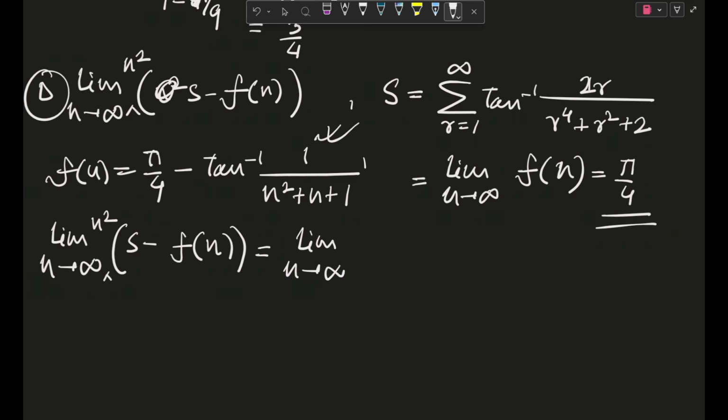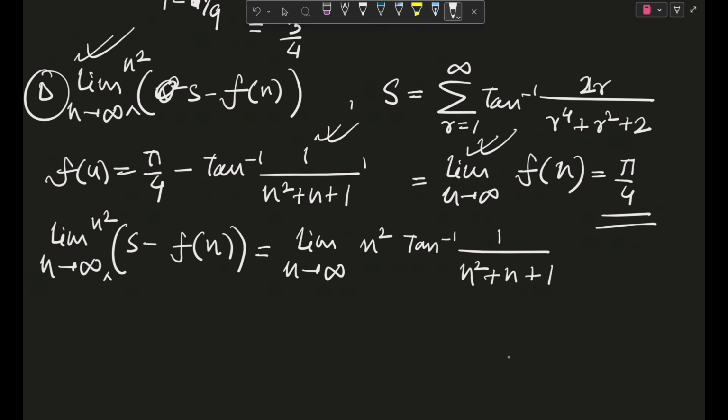limit n tends to infinity n square times tan inverse of 1 by n square plus n plus 1. Guys, see, don't treat this limit and this limit as same. It's limit n tends to infinity n square and inside there is another limit.